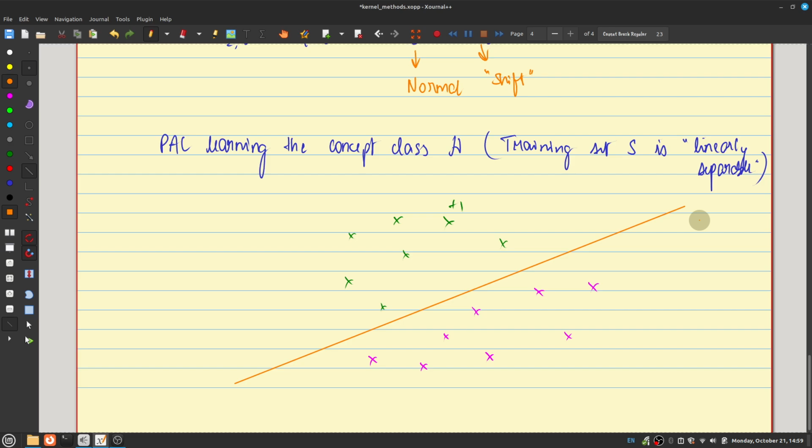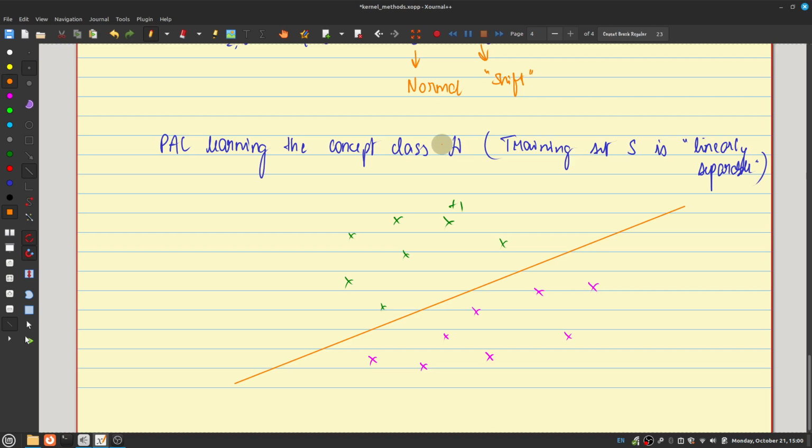Because I'm assuming that the ground truth corresponds to a concept, right? What does that mean? It means that I'm drawing the vectors x according to some distribution on R^d. But how are the labels being generated? The labels are being generated using a particular hyperplane in the concept class. I'm saying that it's PAC learning the concept class, right?